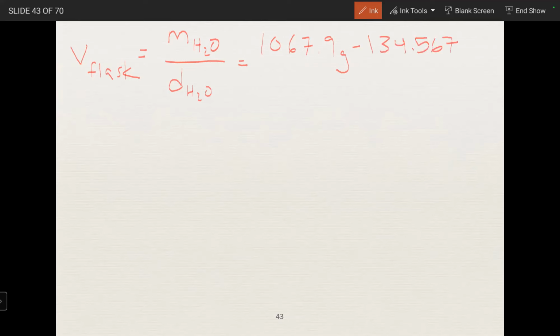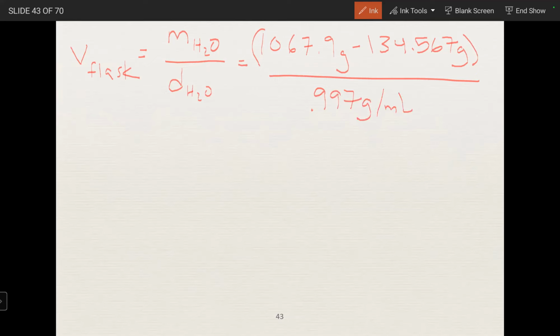So just to see how we do this first, we'll get the volume of the flask by doing mass of H2O divided by density of H2O. That's 1,067.9 grams minus 134.567 grams, divided by the density, 0.997 grams per milliliter.